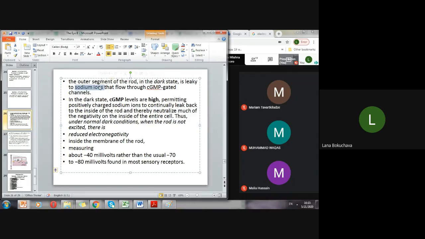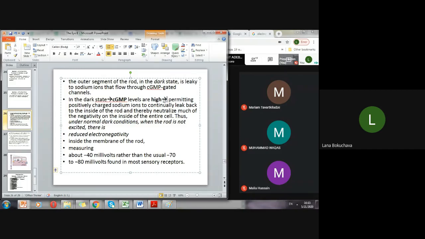So when we have the dark state, we have high levels of cyclic GMP. The high levels of cyclic GMP give us the passage, or leakage, of sodium into the interior of the rod. As a result, we have much reduced electronegativity.